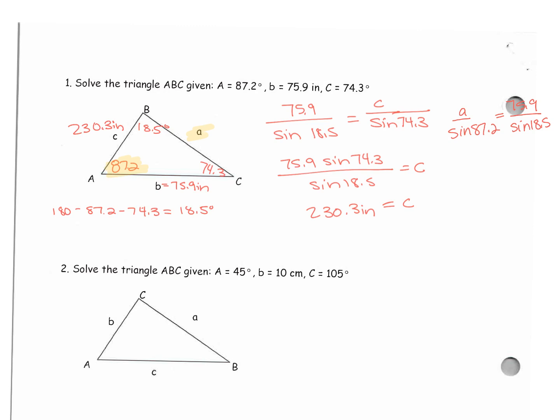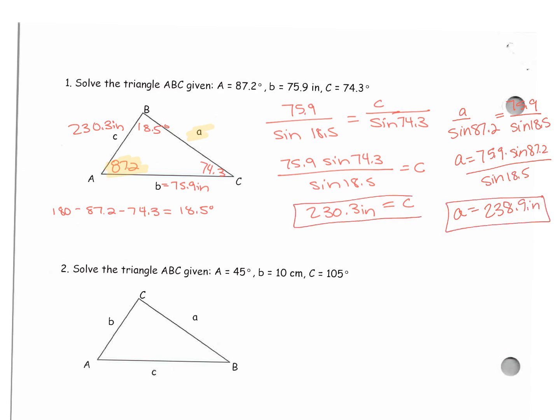I'm now going to multiply that sine of 87.2 over, and I get A equals 75.9 times sine of 87.2 all over sine of 18.5. So now my A is equal to 238.9 inches when I put that into the calculator. So I have solved for all my missing measures in this triangle.